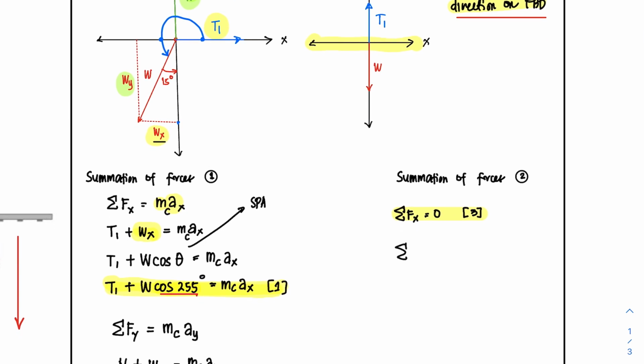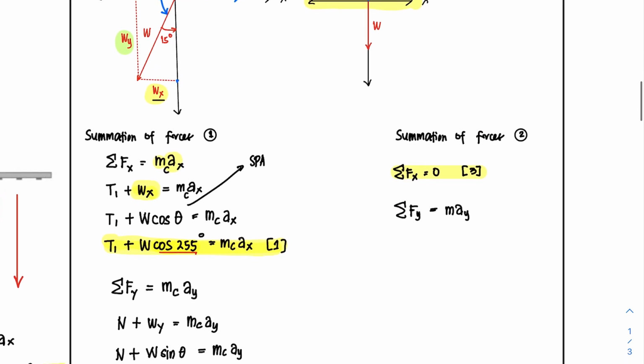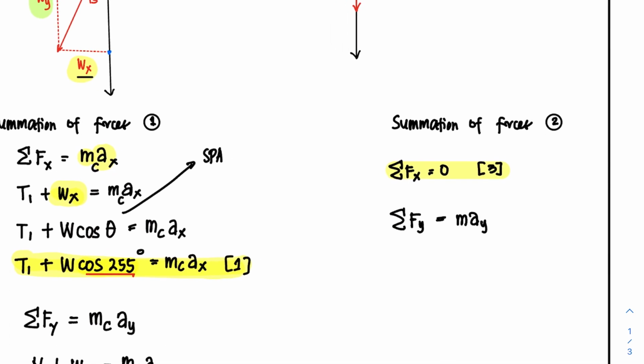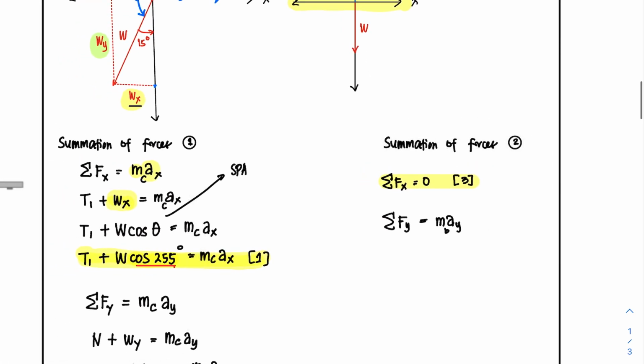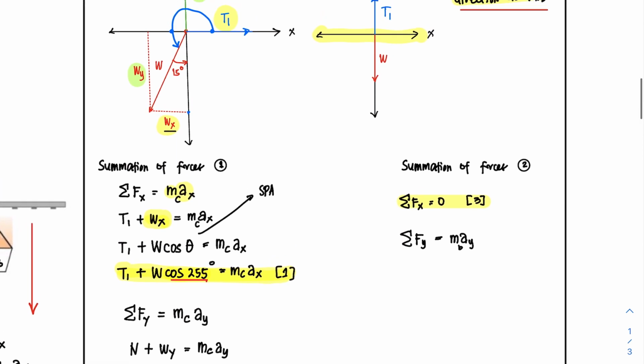Now, the sum of the forces along the y-axis for body 2 is equal to m a sub y. But you have to note again that m should have a subscript of b, meaning that is the mass of the bucket, just to distinguish from m sub c, which is the mass of the cart.